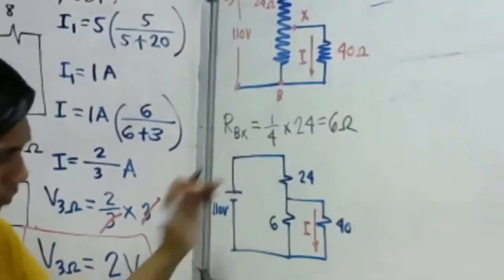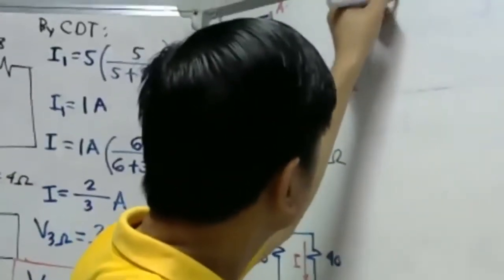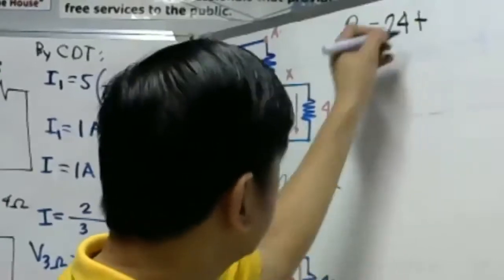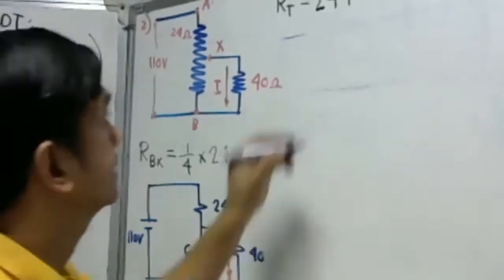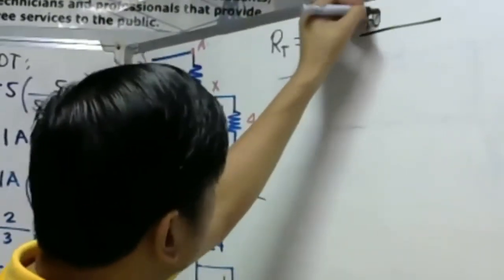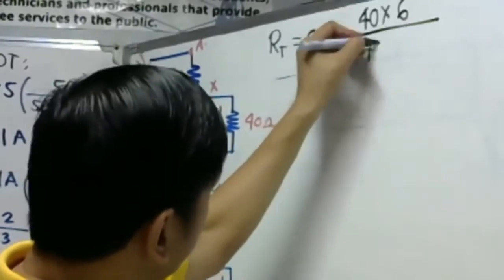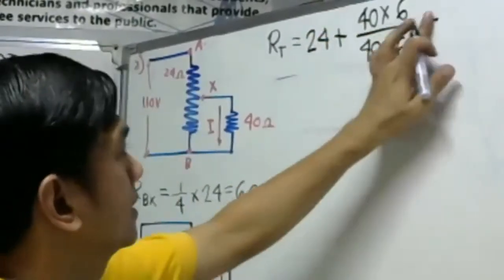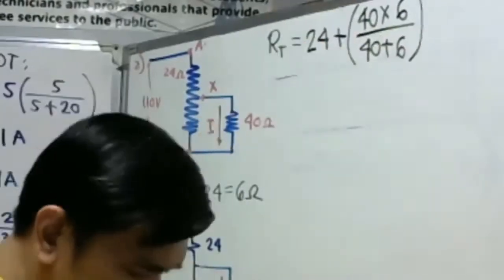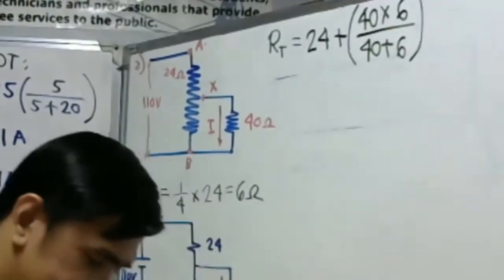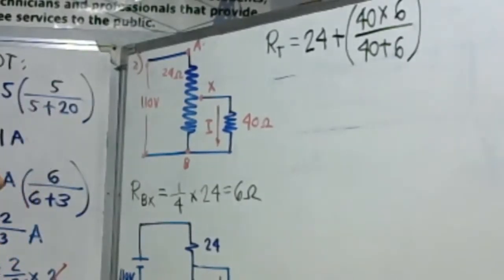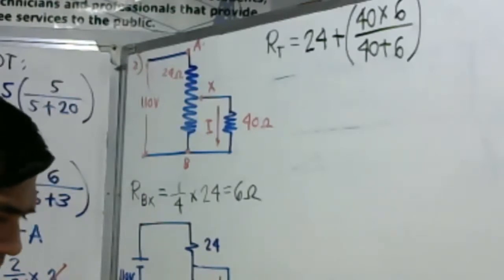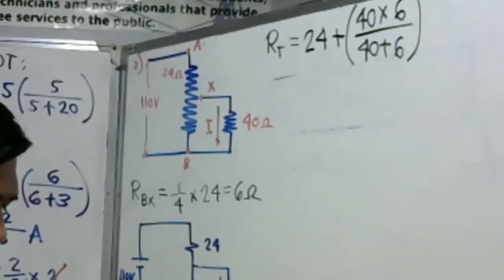So we have here 24 ohms, then plus the product over the sum: 40 times 6 over 40 plus 6. 40 times 6 divided by 46, then we have to add the 24.